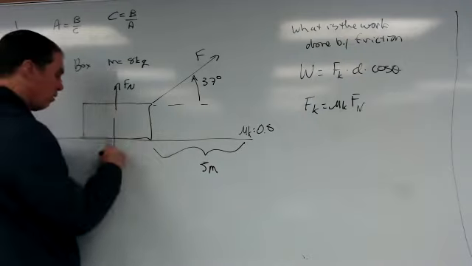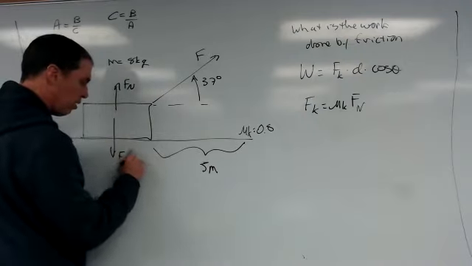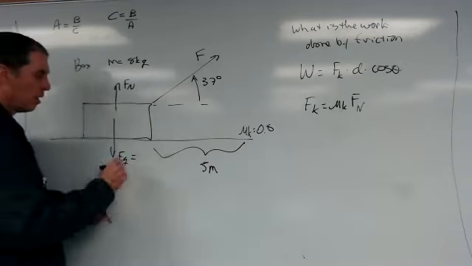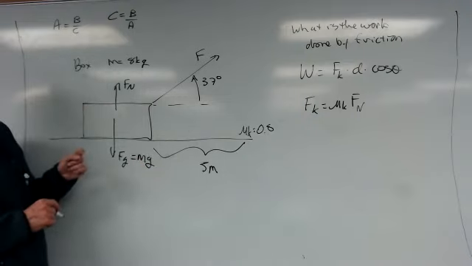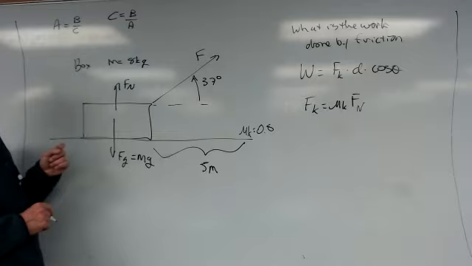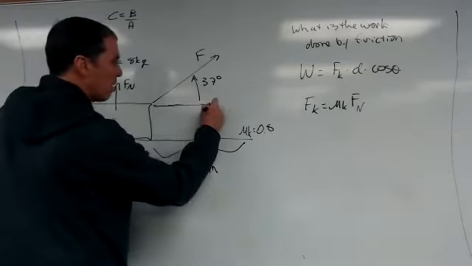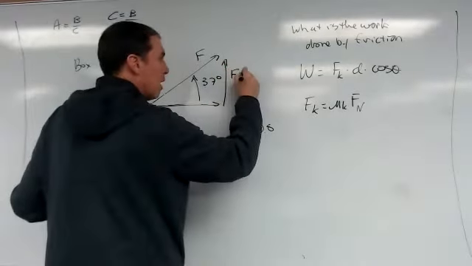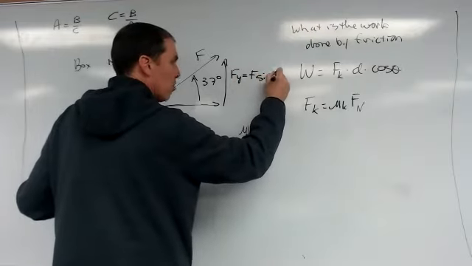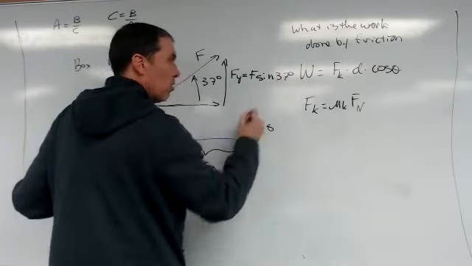Gravity. So I've got the force of gravity. What's the equation for that? Mg, right? What other forces do I have acting in the y direction? The y component of this guy, it's got an x component and a y component. And so F sub y is equal to F sine of 37 degrees. Right?